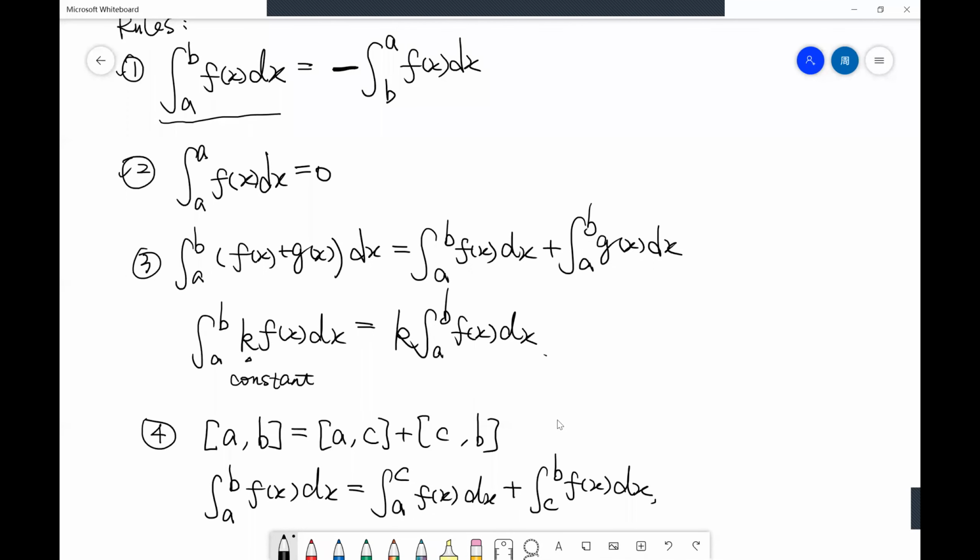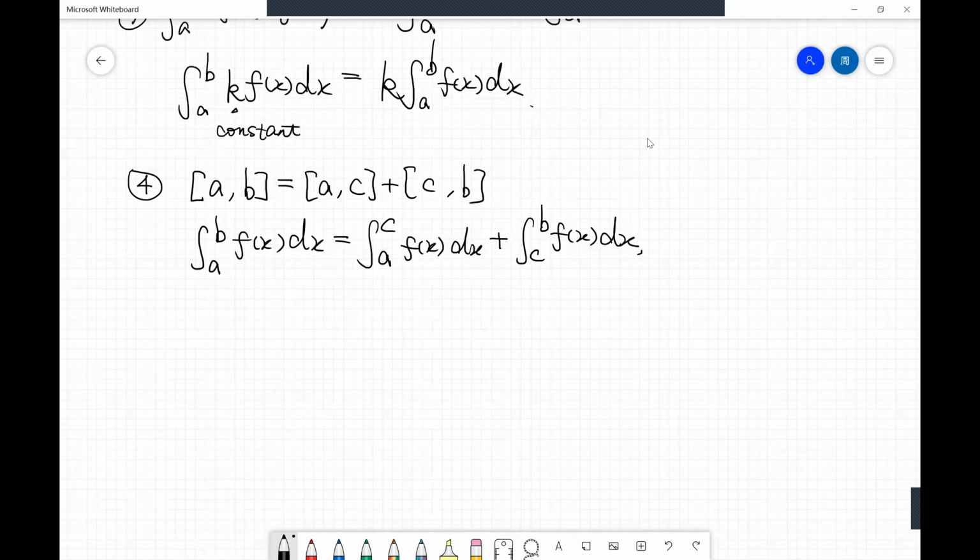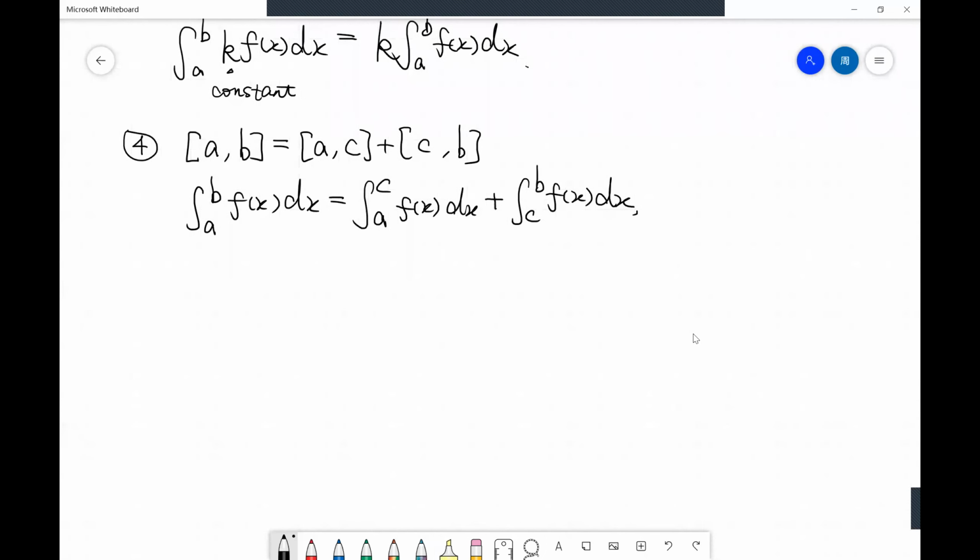And I think it is easy to understand because we have talked about the geometric meaning of the definite integral means the area of the region, right?